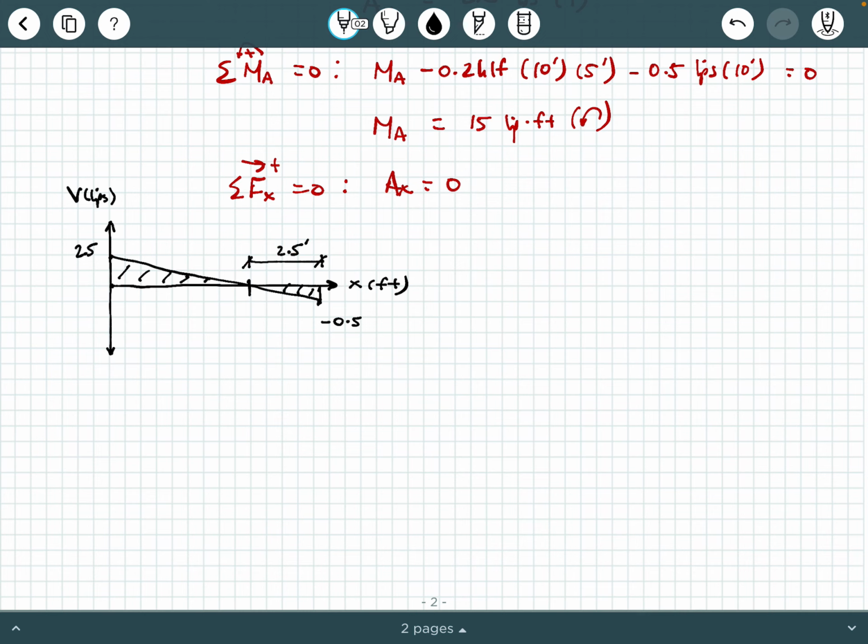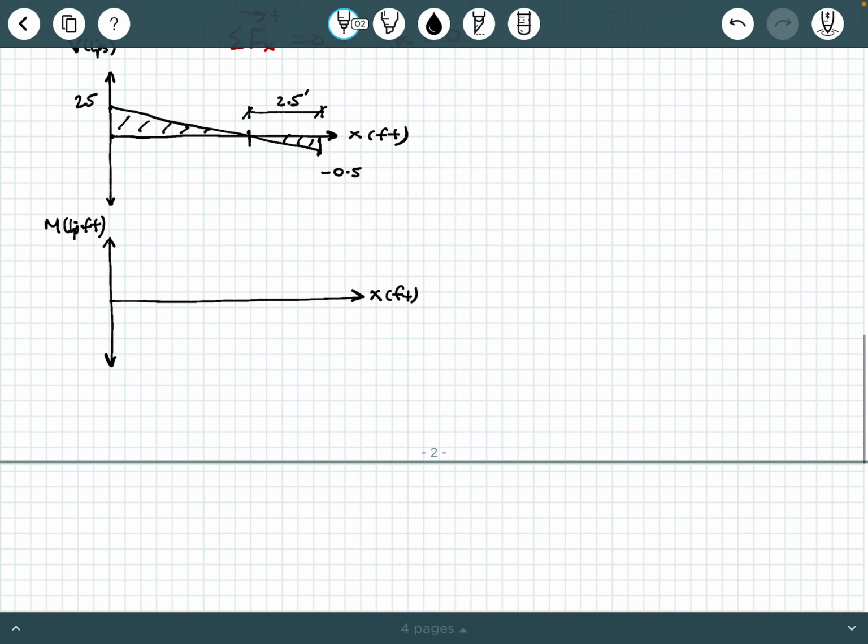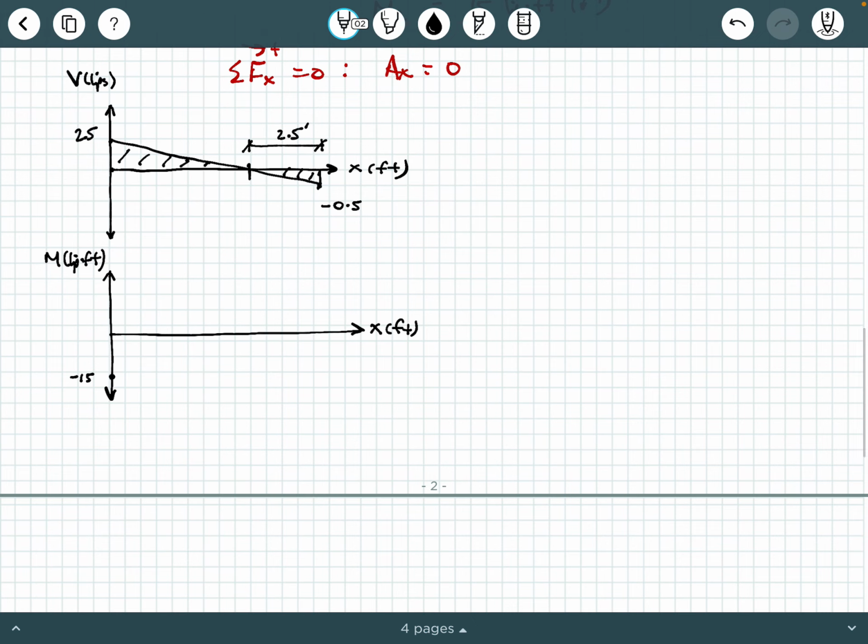Next, I'm going to draw my moment diagram. Here's X in feet, M is in kip feet. And I'm going to use the graphical method, just like we learned in a statics course. So we jump down to negative 15 kip feet, and we're going to find the area underneath these shear diagram segments.